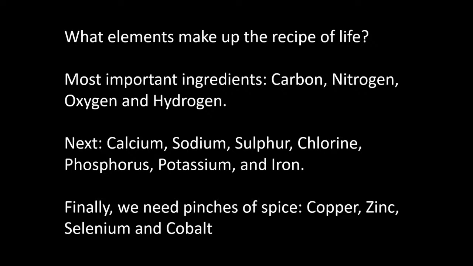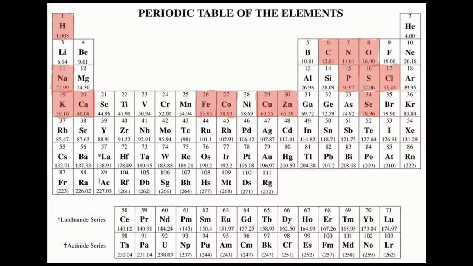The main ingredients that we would mainly require are hydrogen, carbon, nitrogen, oxygen, calcium, sodium, sulfur, chlorine, phosphorus, potassium and iron. These elements make up almost everything around us and are the bulk elements of our body. Sure enough, aside from hydrogen provided by the creation of the universe itself, these are the elements that stars cook during their lives.